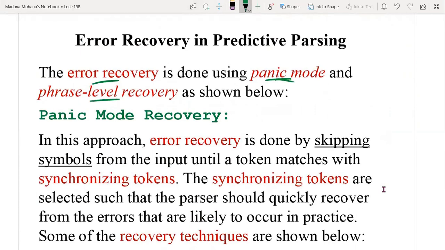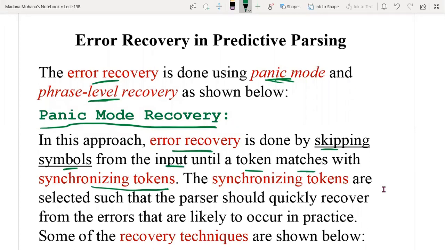These two methods we already discussed at the start of top-down parsing. Now, by applying these methods in the predictive parser, we will see how error recovery is done. First, using panic mode recovery. In this approach, error recovery is done by skipping symbols from the input until a token matches the synchronizing tokens.